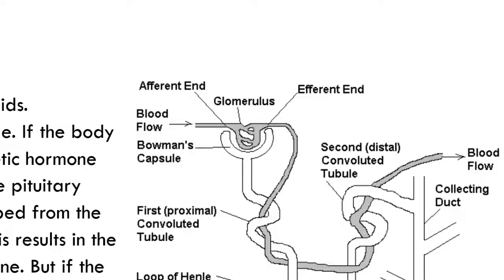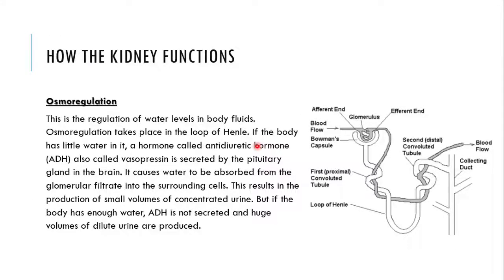So from that glomerular filtrate, water is there. So when water levels are low, there will be an absorption of water from the glomerular filtrate. So it causes water to be absorbed from the glomerular filtrate into the surrounding cells. That's what that hormone does, ADH.